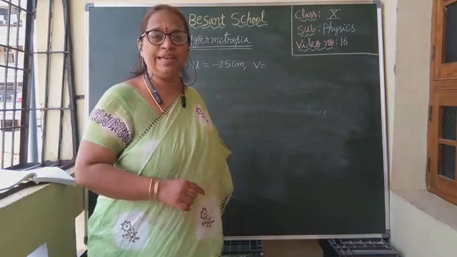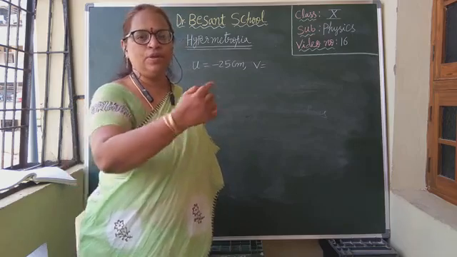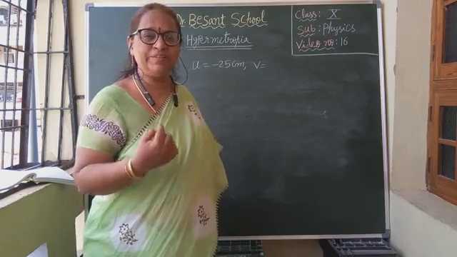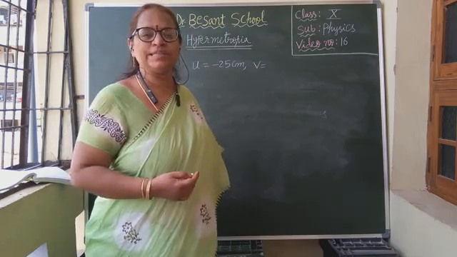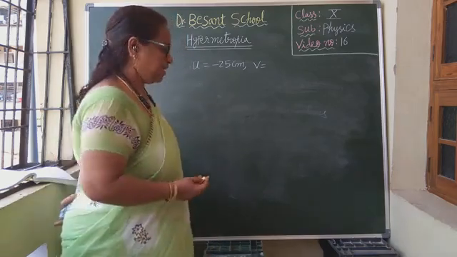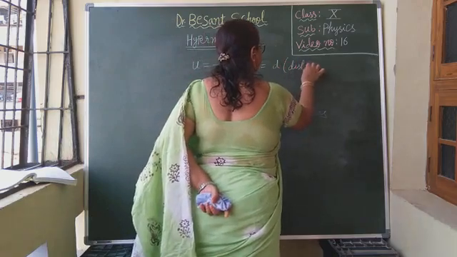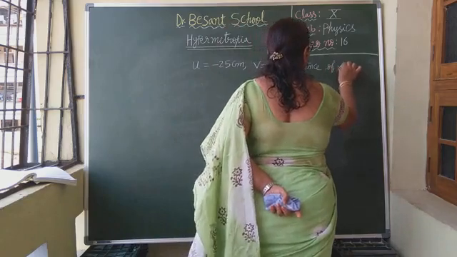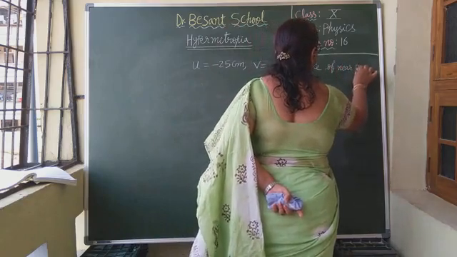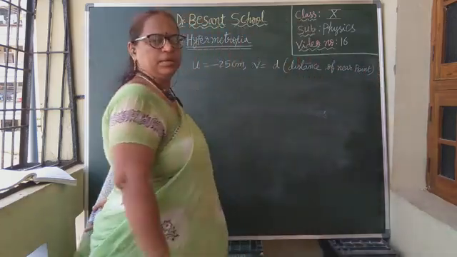The image is forming at H, which is the near point. So what is the image distance? The distance between the convex lens and near point, which is considered as small d. Small d means distance of near point, isn't it?